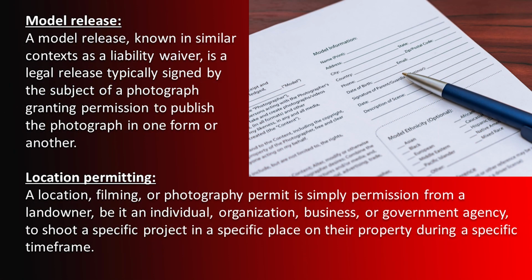So a location permitting is when you need permission to film, photograph, etc., anywhere from the landowner, an individual, the government. For example, I live very close to Washington, D.C., and I need location permitting to shoot photography, for example, at the mall or anything that is owned by the National Park Service.